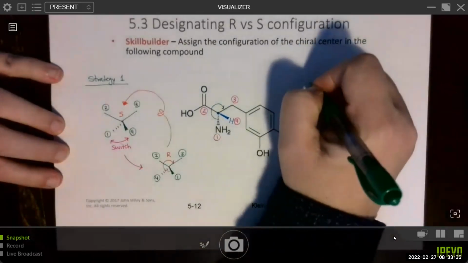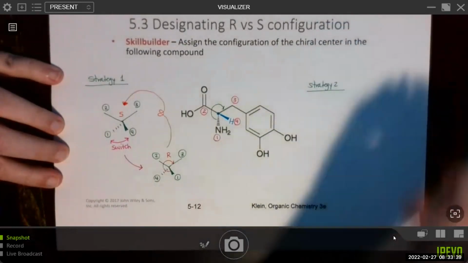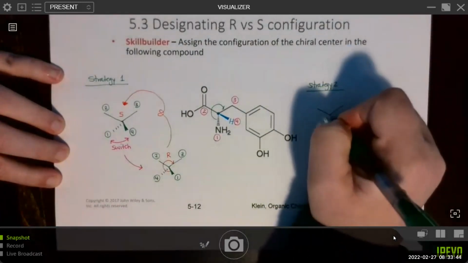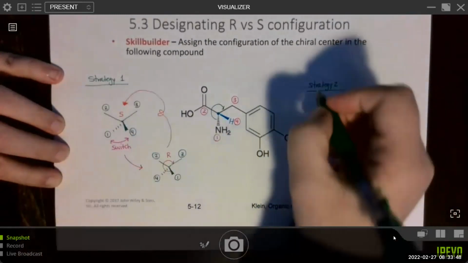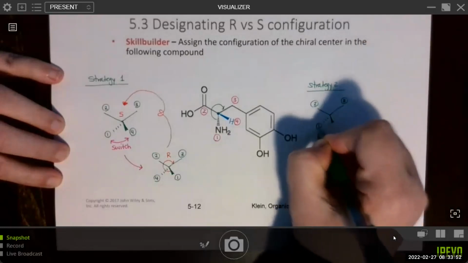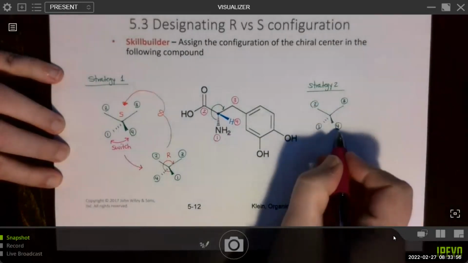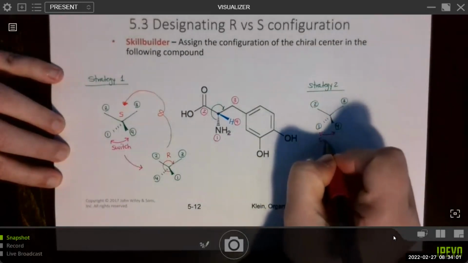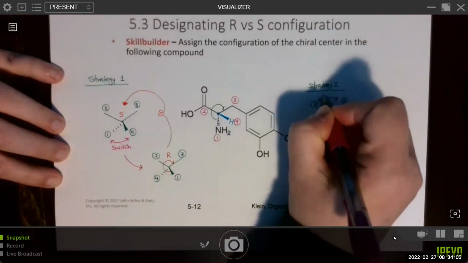What is another strategy? The other strategy, again, I'm just going to copy this over because this was my original. Is to switch the fourth priority group with whatever is in the back and simultaneously switch the other two groups.